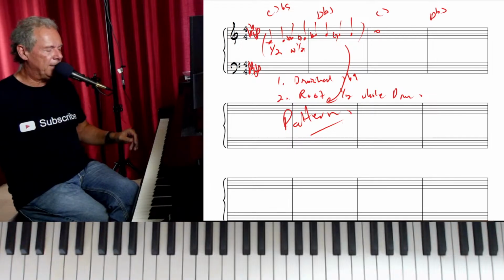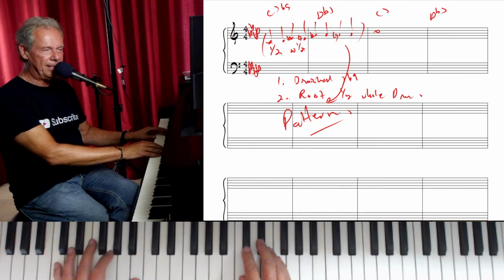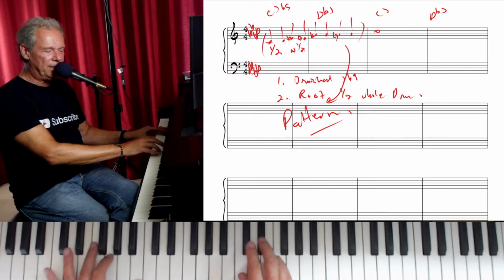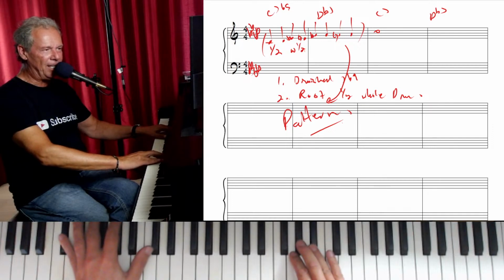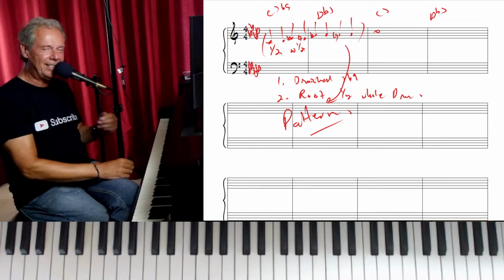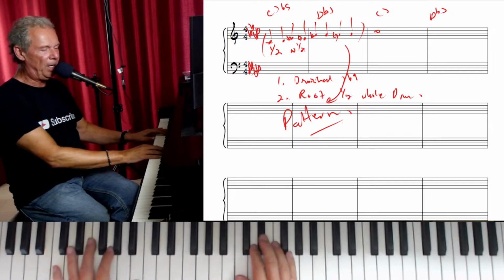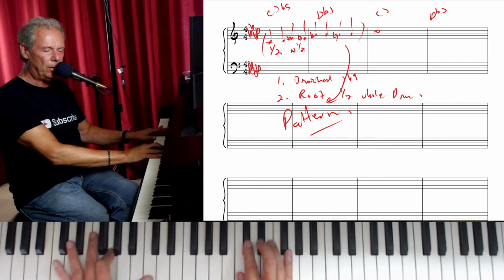If you wanted to switch, then you could just switch the scales in the middle like this. C diminished 7th, and then switch to the D flat diminished scale. But listen, it starts to sound a little too much, right? You've got too many diminished scales going on in there.